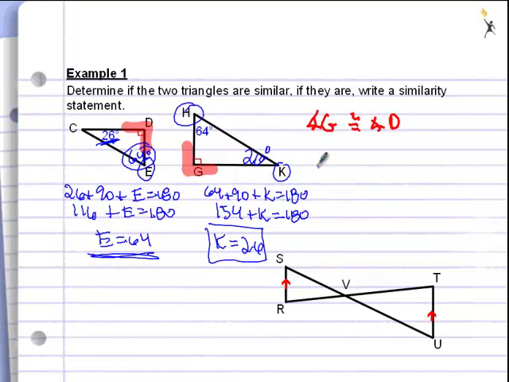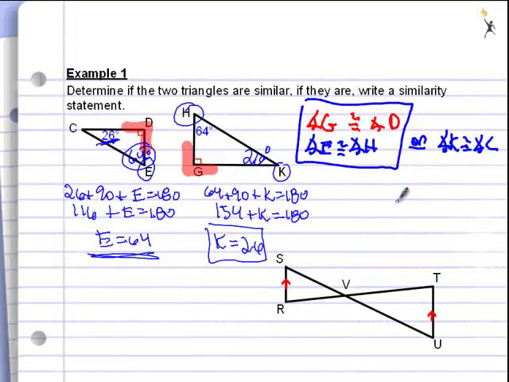So now, in order to prove these two triangles are similar, we already have one angle congruent to another angle. I can say that angle E is congruent to angle H, or maybe you used angle K being congruent to angle C. Either way, you have to be able to prove that two angles are congruent before you can say the two triangles are similar by AA.